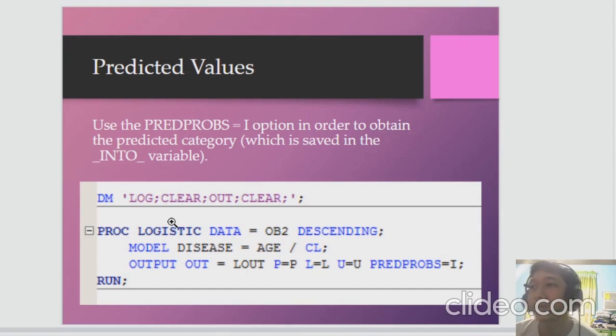Proc logistic data equals OB2 descending. Model disease age equals age divide CL. Output out equals L out, P equals P, L equals L, U equals U, and we have added PREDPROBS equals I. Then run.